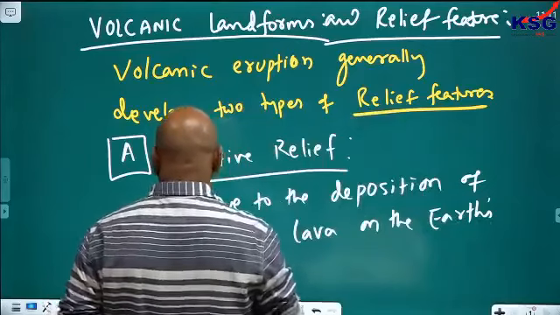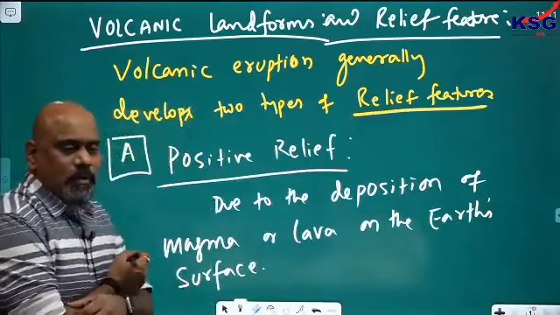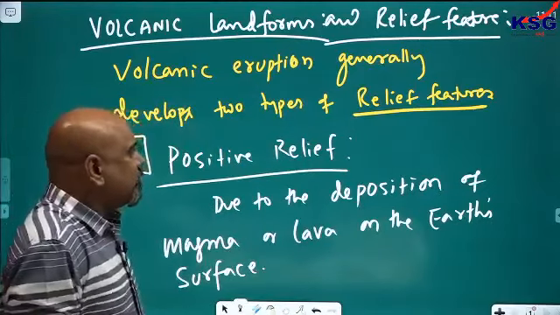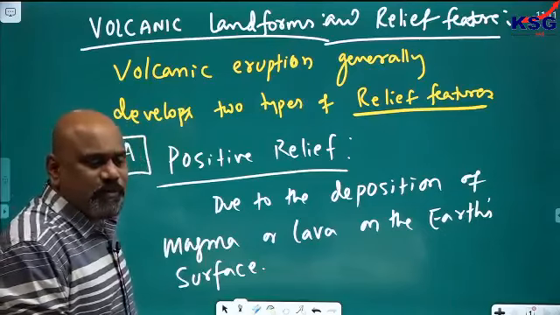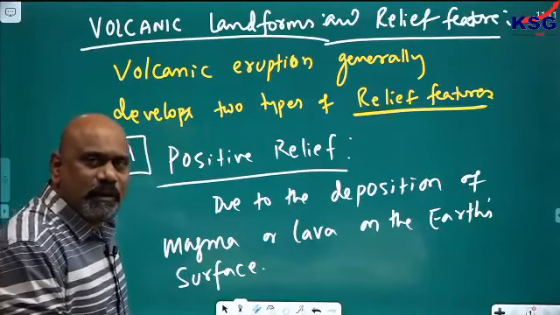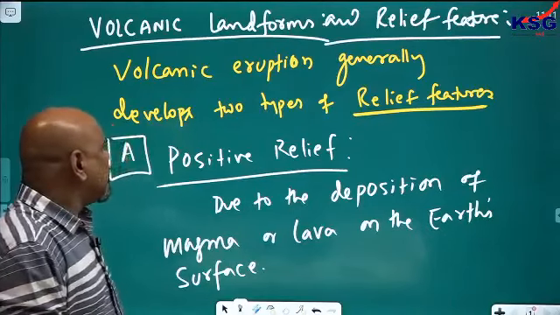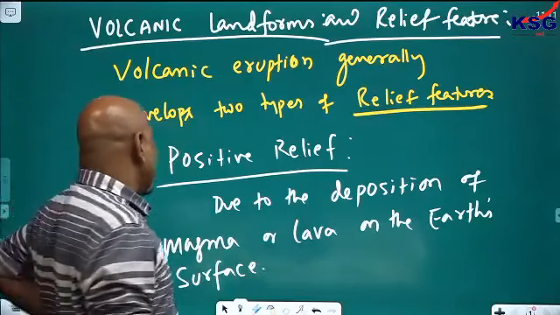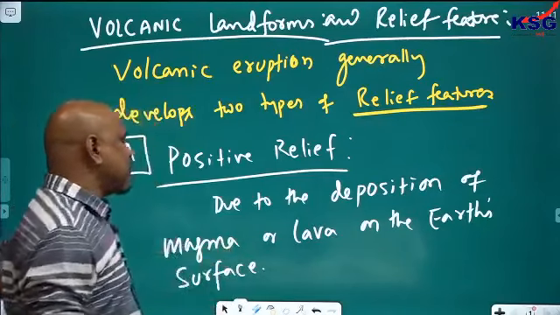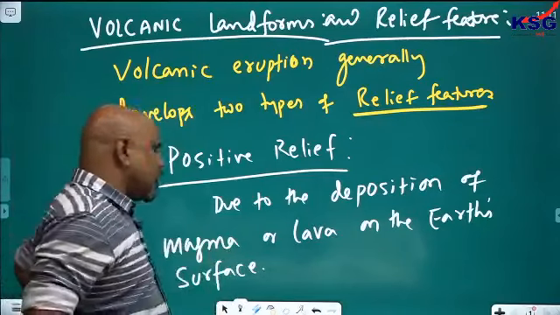I said there are two types of relief we have because of the volcanic eruption. One, positive relief, which is due to the deposition of the magma or the lava on the earth surface.